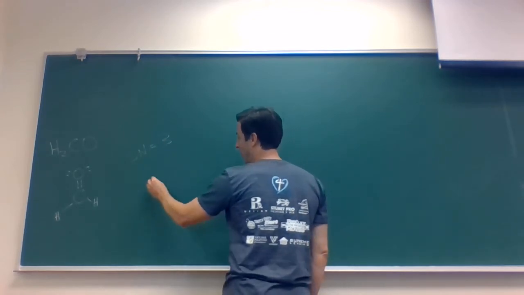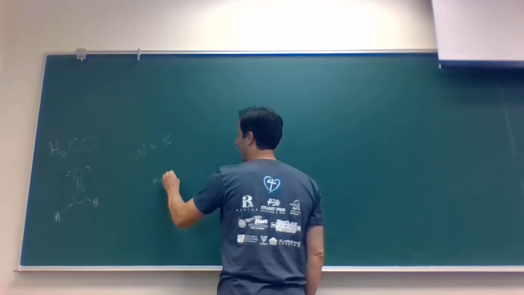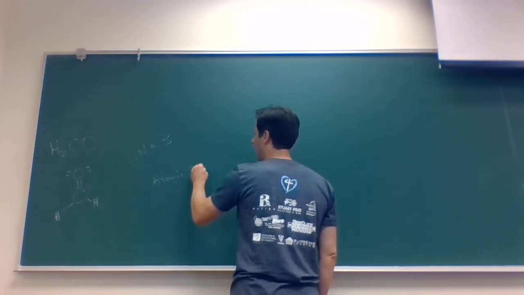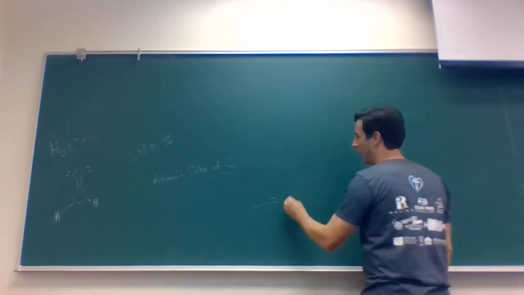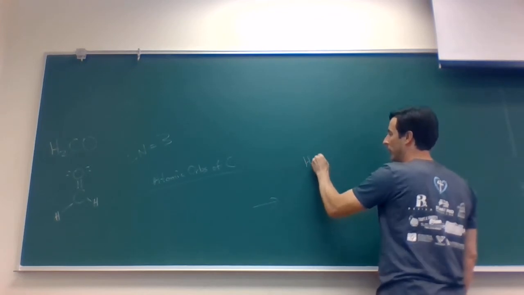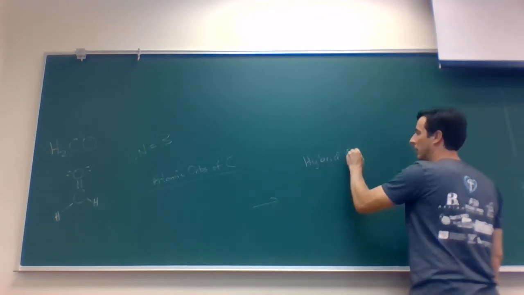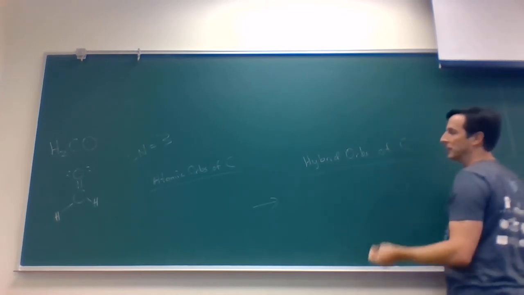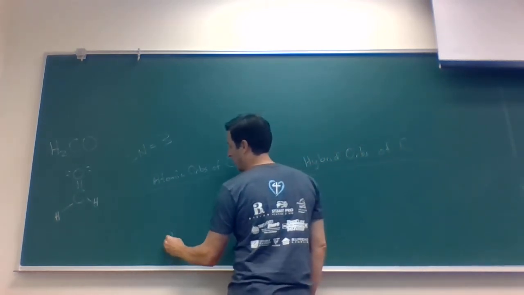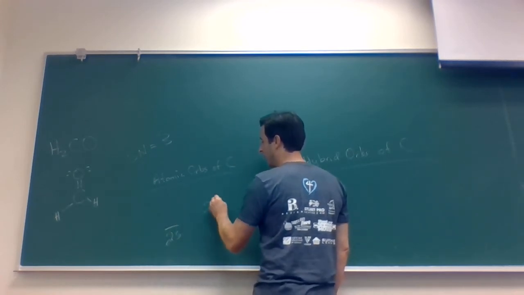My center atom's carbon, so I would draw the atomic orbitals of carbon. I would draw my hybrid orbitals of carbon. So carbon has a 2s orbital and a set of 2p's.